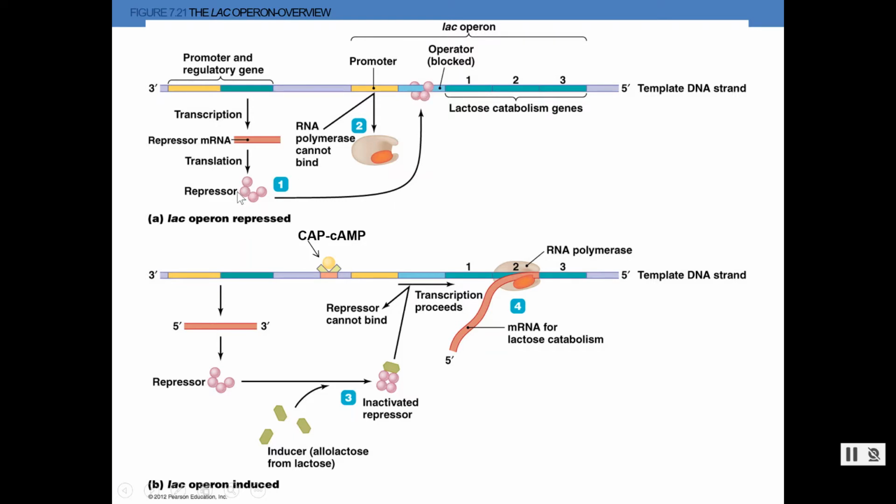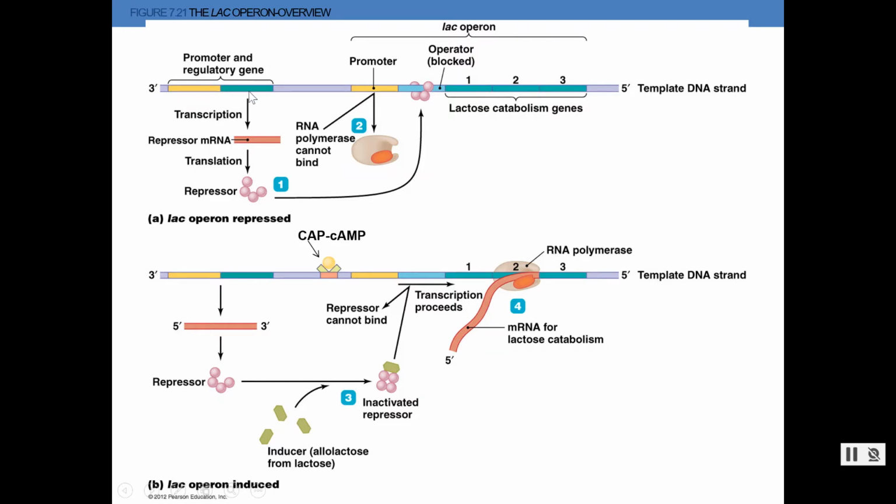It is an active repressor protein. So it binds to this operator region, and so it keeps transcription from happening. The RNA polymerase can't bind, and it has blocked transcription. And this is what is normally happening in your prokaryotic cell.